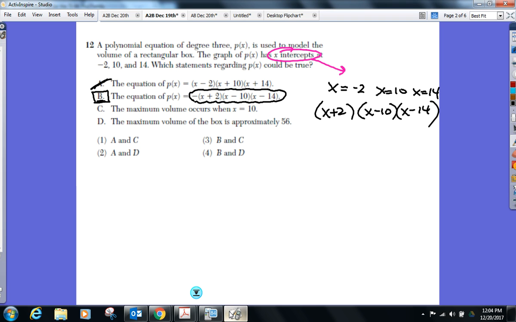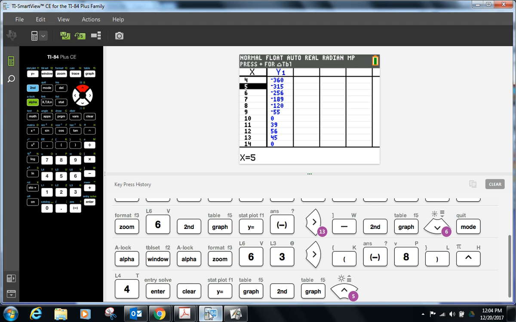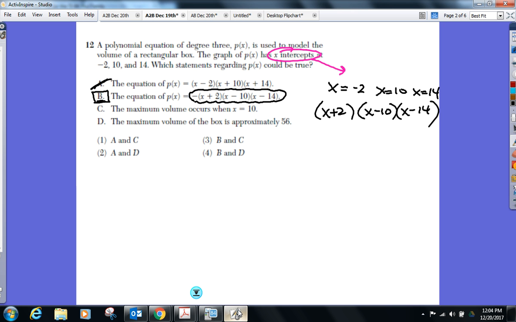Okay, take a look. First one was the maximum occurs when x equals 10. Everyone go to your table right now. Look where x equals 10. What's the y value? 0. So does the maximum occur there? At x equals 10, it's telling me it's at 0. That's not the maximum. All right, well, what's the other choice then? The max volume is 56.